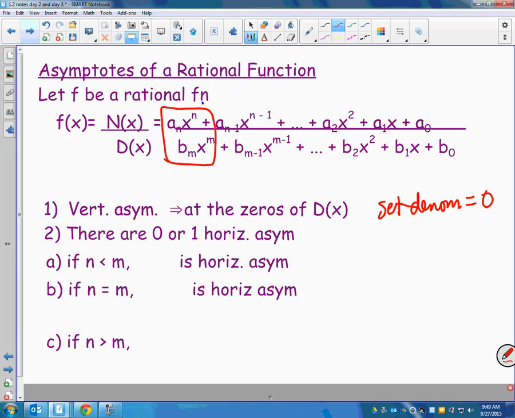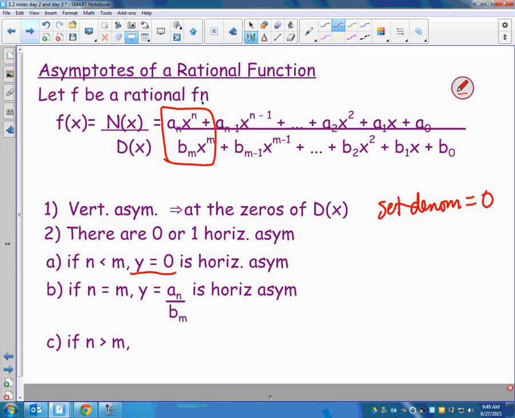All right, so if the degree of the numerator is less than the denominator, just like yesterday, y equals 1 over x had the horizontal asymptote of y equals 0. So your asymptote is y equals 0.